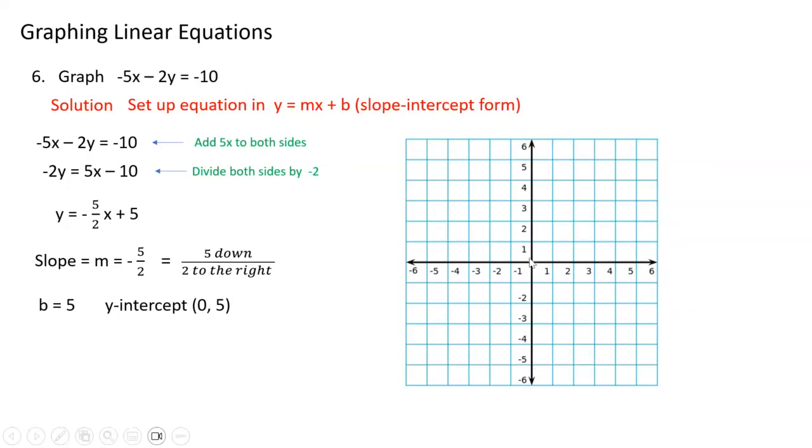So x is 0, so I'm going to go all the way up to the 5 on the y-axis. There's my point. Then I'm going to go down 5, so it's going to be 1, 2, 3, 4, 5, and 2 to the right, 1, 2. And just put that point there. And we connect the 2 points. So that's my line.